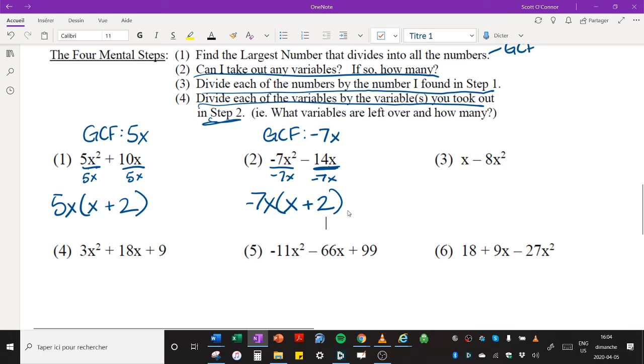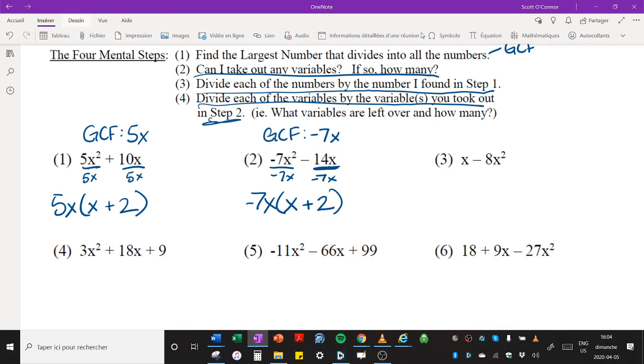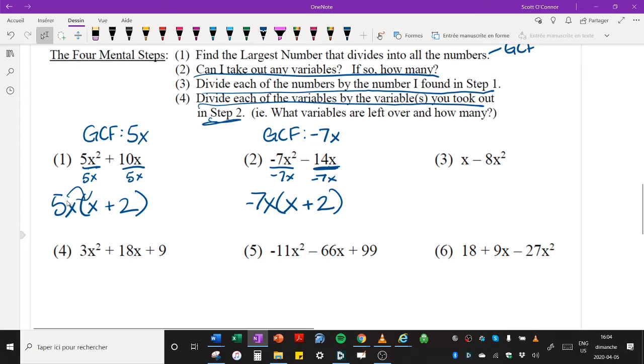All right, and you can always check if you've done this correctly by simply expanding it again and making sure that you get the same answer that you started with. So if I expand this, for example, I'm going to get 5x squared, and if I multiply this over here, I get 10x.